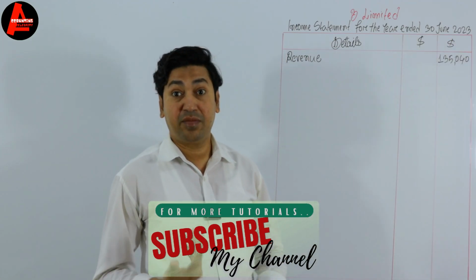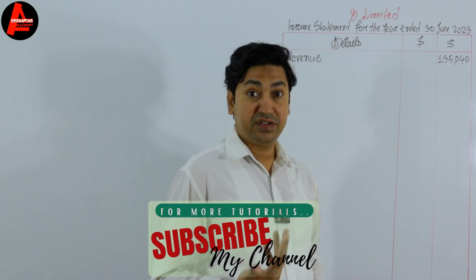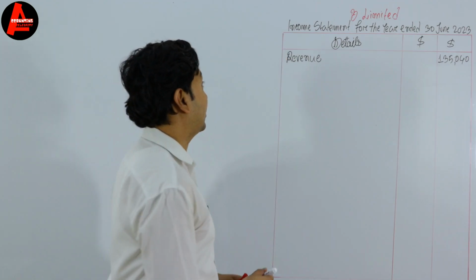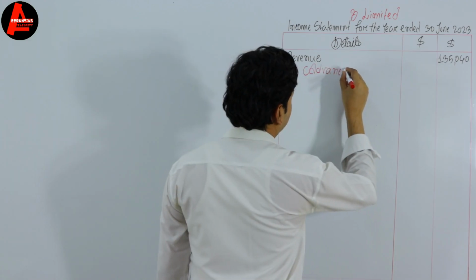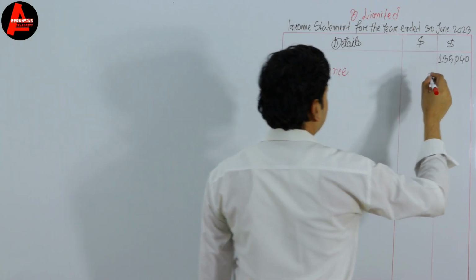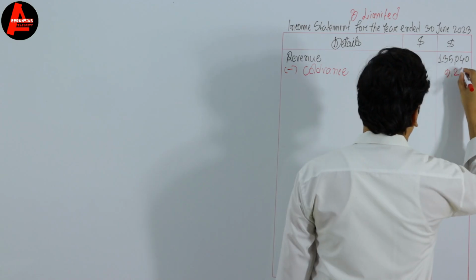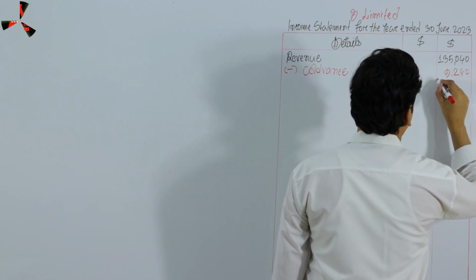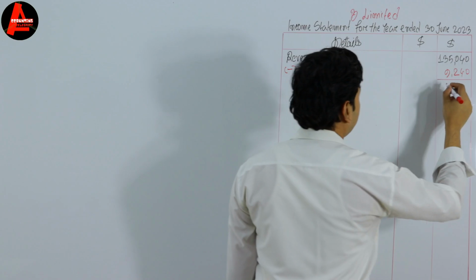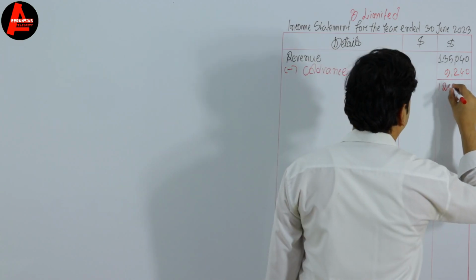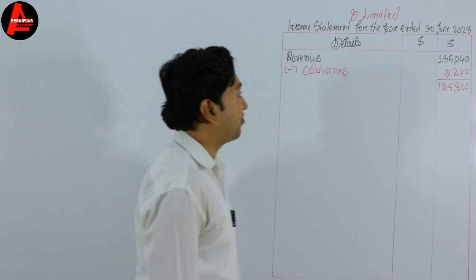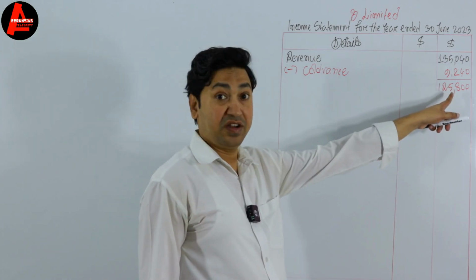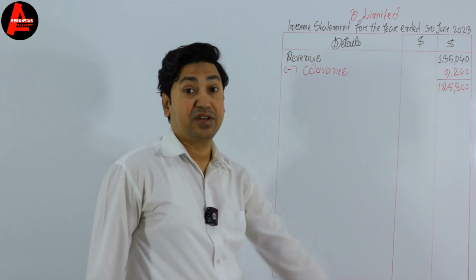So the advance amount we need to subtract. Let us write here less advance $9,240. If we subtract, we get $125,800.